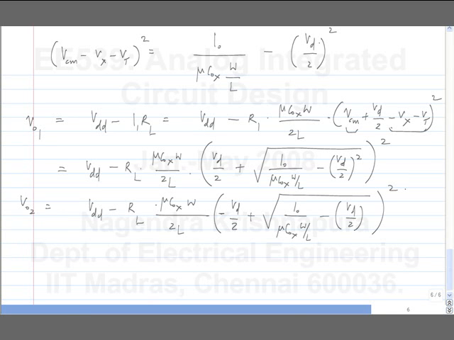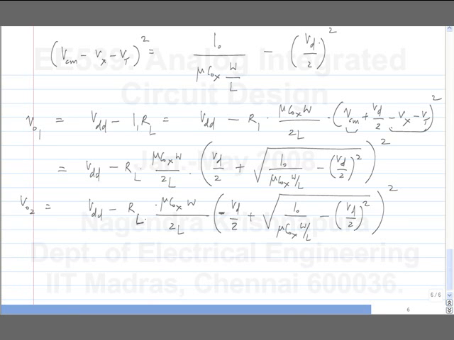There is a square inside this also. Okay. So it's some complicated expression. We'll see the graph of how it behaves afterwards. Okay.